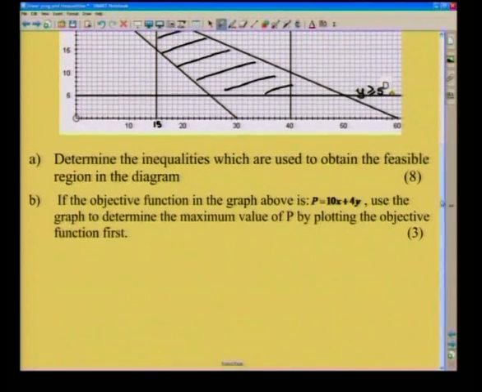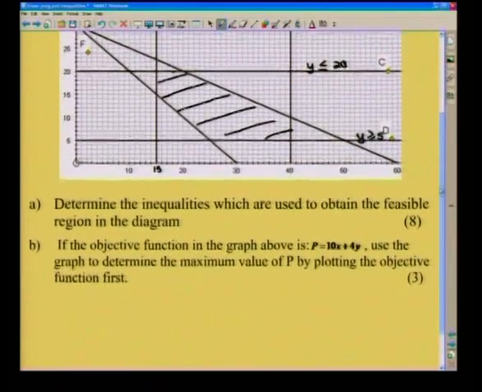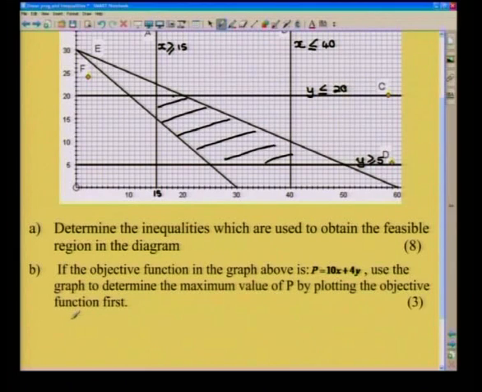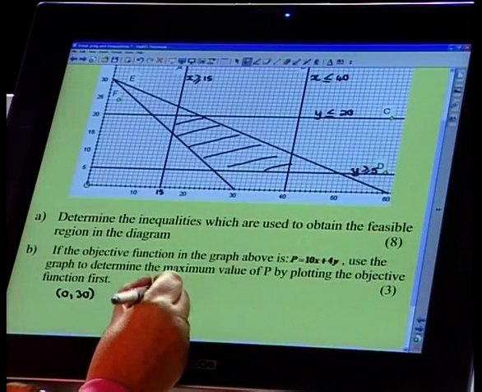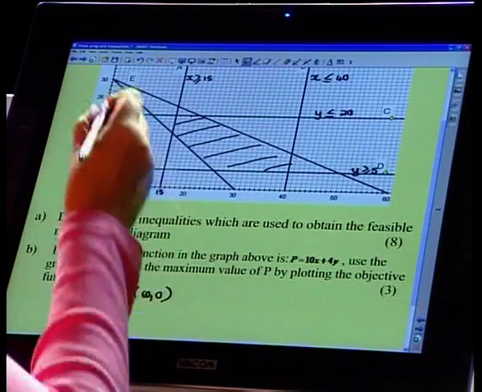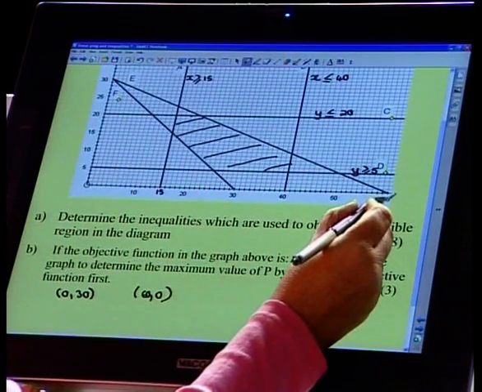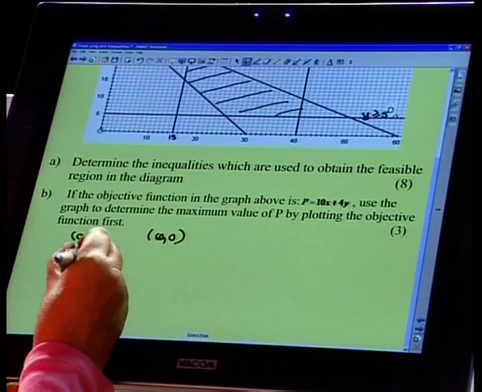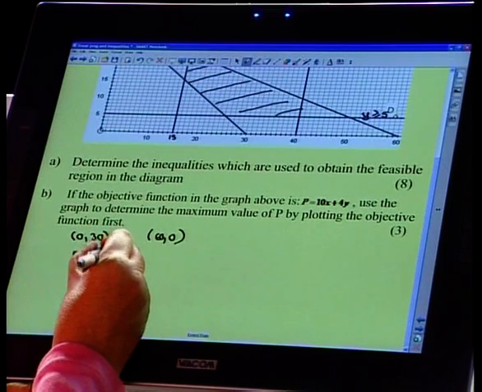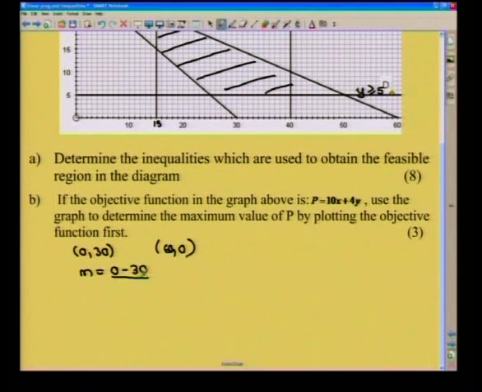So now what do we know about those 2? Well, we know that this point E is the coordinate (0, 30). And if we're finding this line here, that coordinate is (60, 0). Now, if we've got 2 coordinates, can we find the equation of that line? Yes, certainly we can. We've got the gradient, easily found, by saying y2 minus y1 over x2 minus x1, which is minus 30 over 60, which is minus a half.